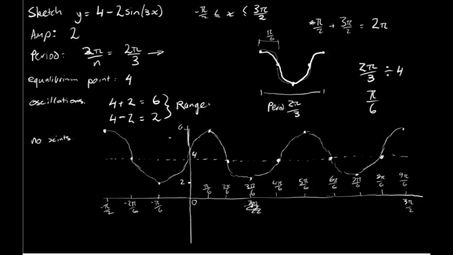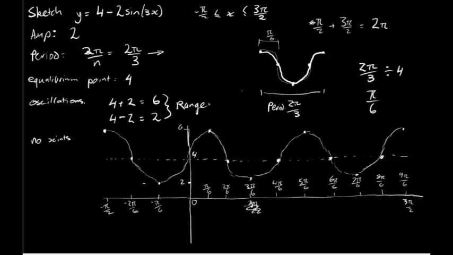And there we go. So we've got 1, 2, 3 oscillations, which we determined from our period, and we go between 2 and 6, which is our range, and obviously there are no x-intercepts.